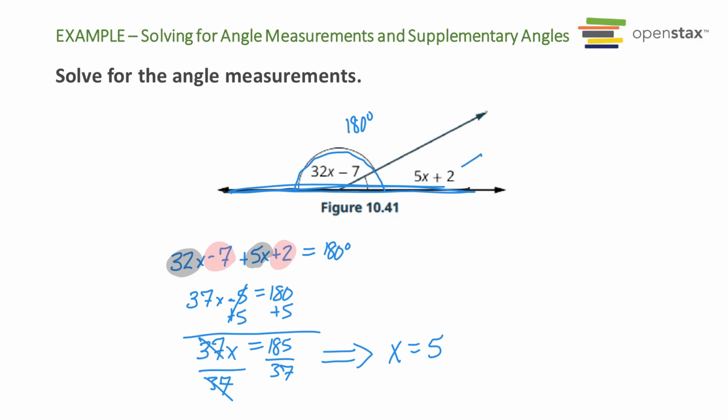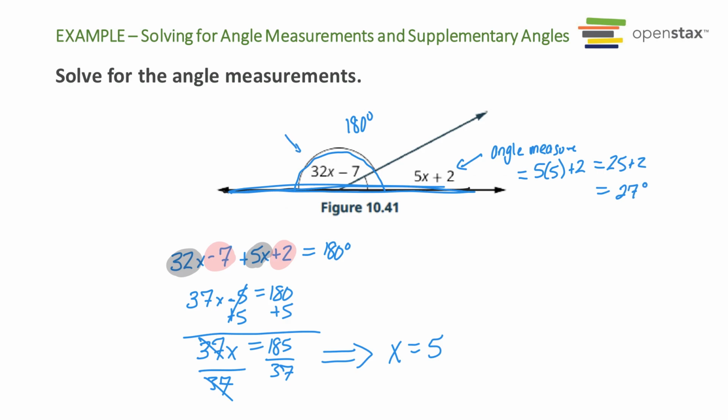So in order to find the actual angle, we need to substitute, we need to plug that value in. So this angle here, the angle measure is going to be equal to 5 times 5 plus 2. So that's going to be 25 plus 2. So that's going to be 27 degrees there.